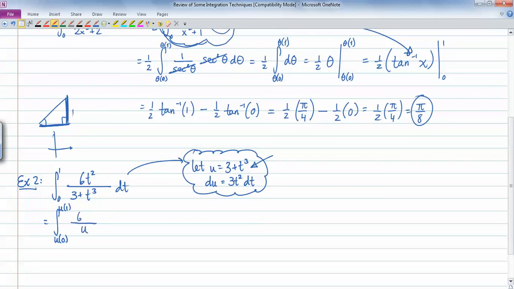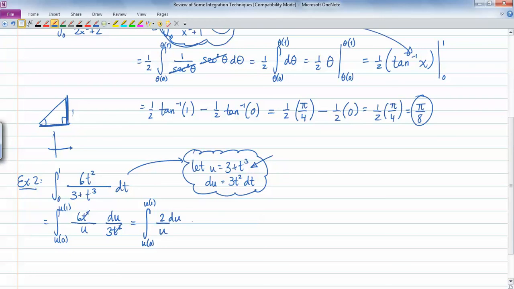And then I'll just leave this here for now so you can see what happens. 6t squared dt. But dt is really du over 3t squared. And then the nice thing about this is that the t squareds will cancel. The 6 over 3 turns into a 2. And I've got the integral from u of 0 to u of 1 of 2 du over u.